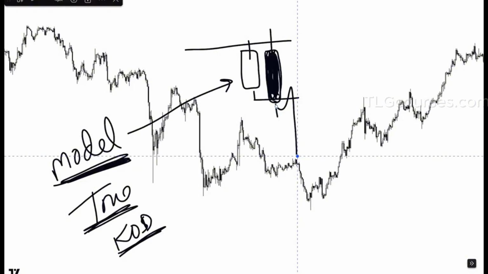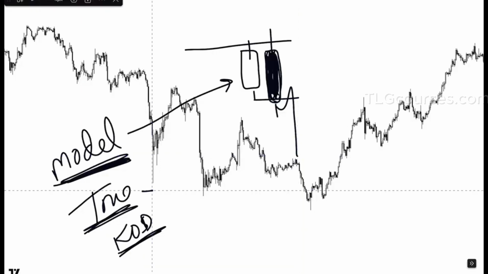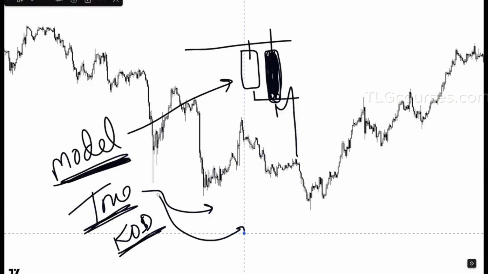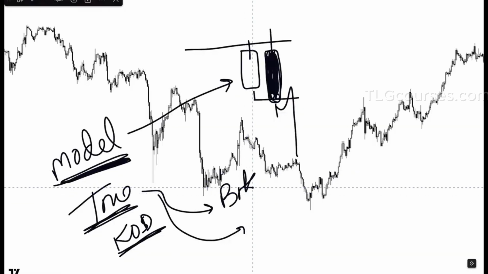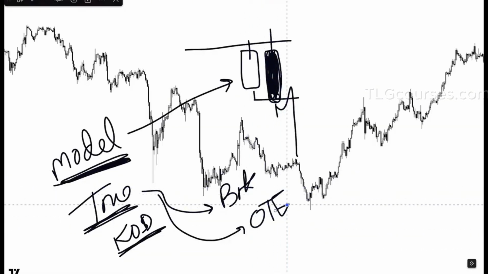A true market structure shift can either result in a breaker, or it can result in an OTE. The intensity of the OTE, the way the OTE happens, how hard it goes down, does it go down into the 50% or the 60% or the 70% or the 886%? Those are all nuances of the OTE, right?